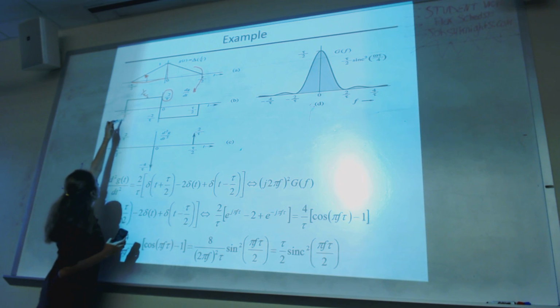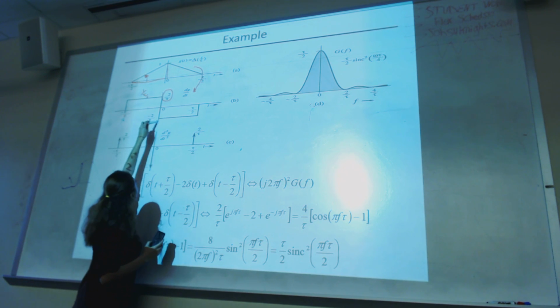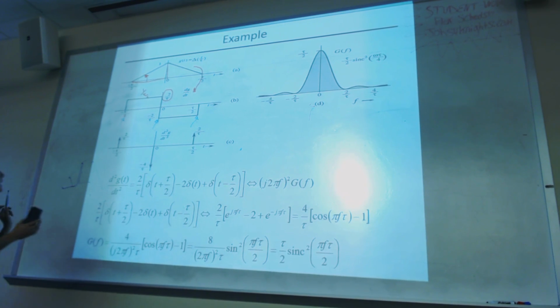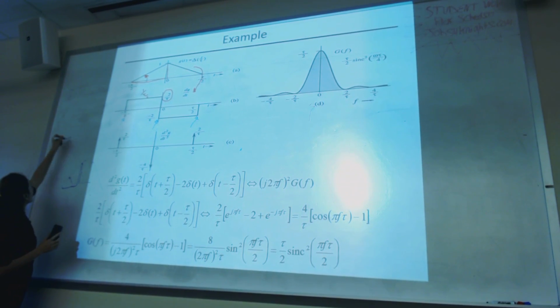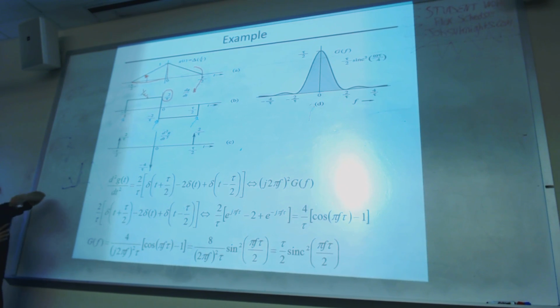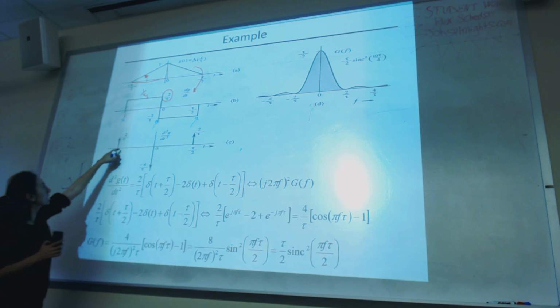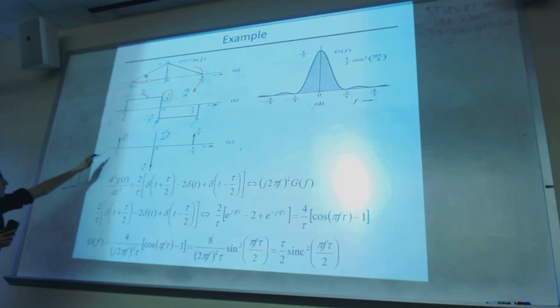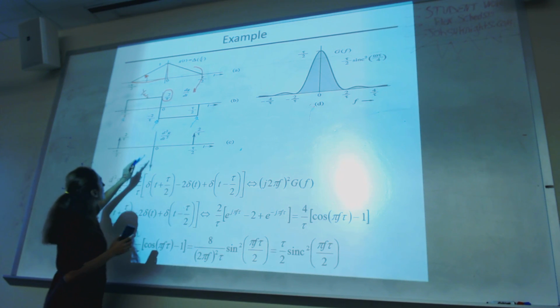You see a jump here and a jump there. I talked about this in this class: when you have a jump and take the derivative, you end up with a delta. That's how you get 3 deltas, one for each jump.